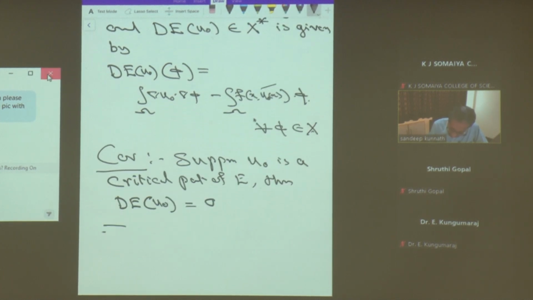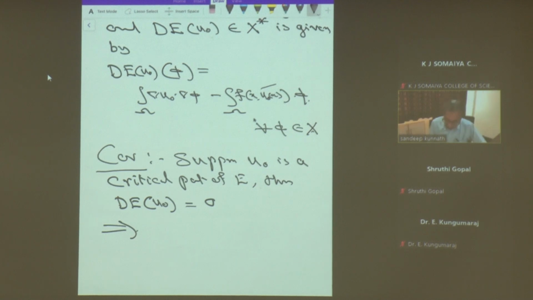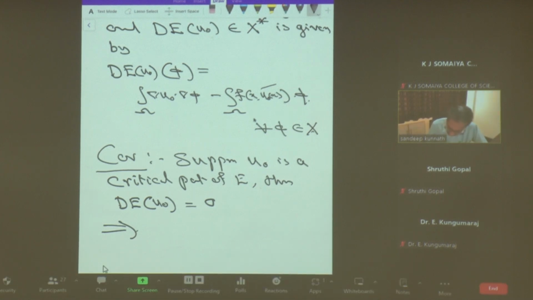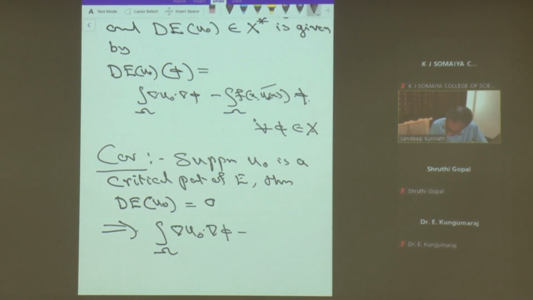From the previous theorem, we know what dE at u0 is. This implies that the integral over omega of gradient of u0 dot product with the gradient of phi minus the integral over omega of f of x, u0, this into phi, equals 0 for all phi in X.